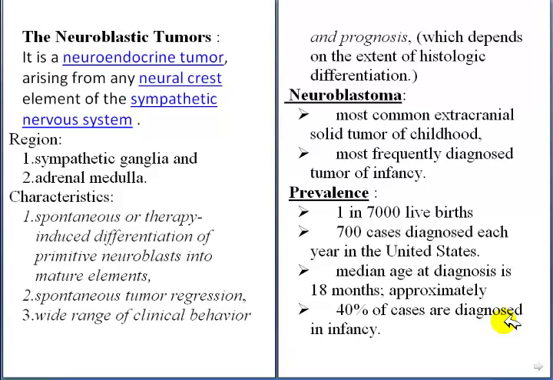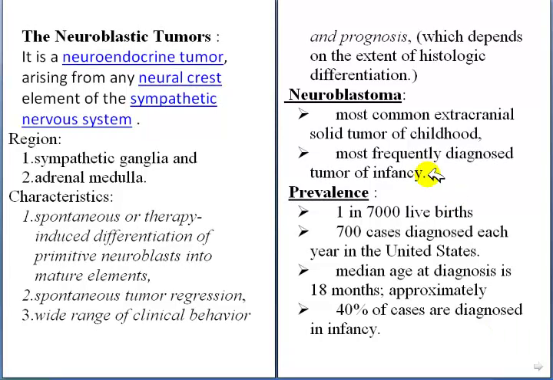The neuroblastoma is the most common of all three, and this is the most common extracranial solid tumor of childhood. And yeah, it's the most frequently diagnosed tumor of infancy. So do remember this.